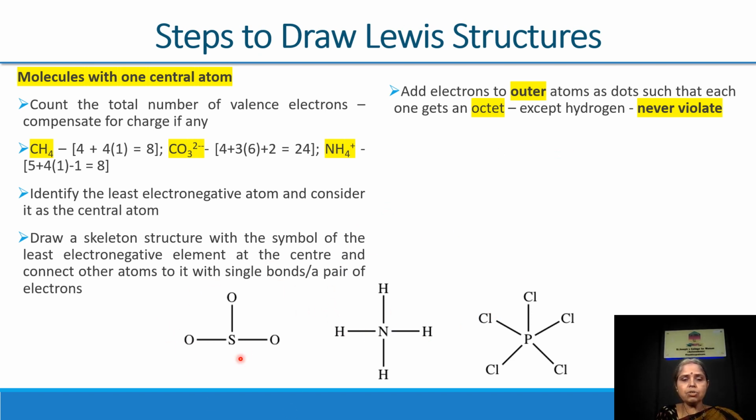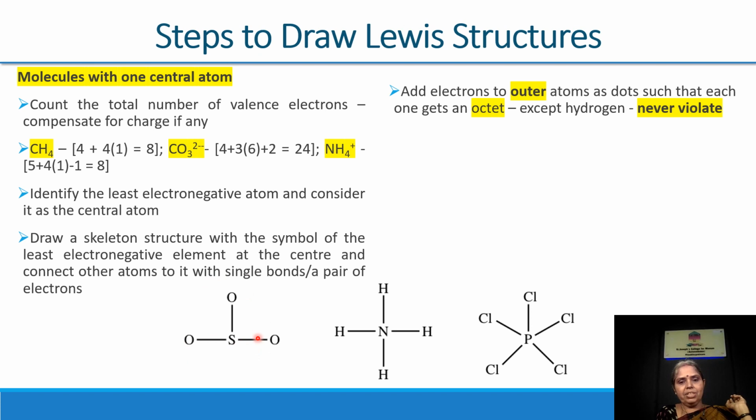So focus only on the outer atoms and give each of the outer atoms an octet of electrons after connecting with a single bond. See, first you identify the central atom, surround it with the more electronegative atoms, connect each of the outer atoms with the central atom with a single bond.